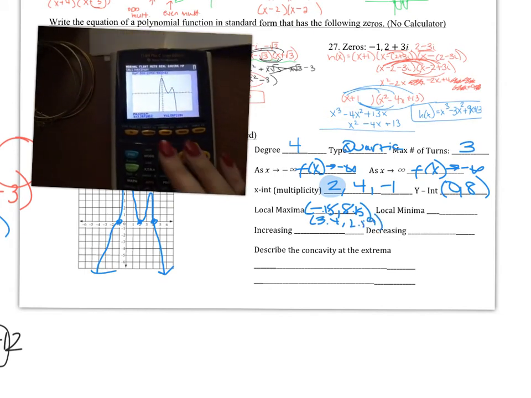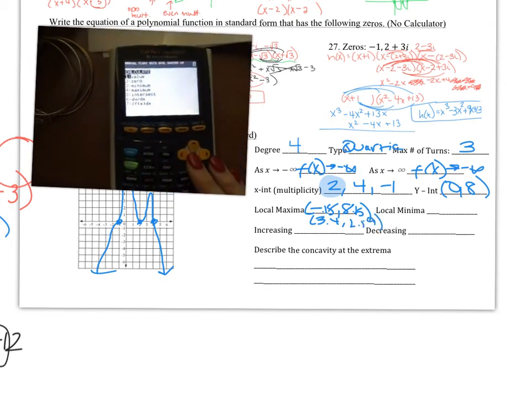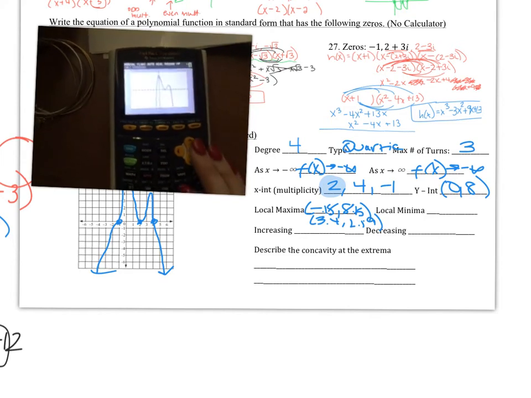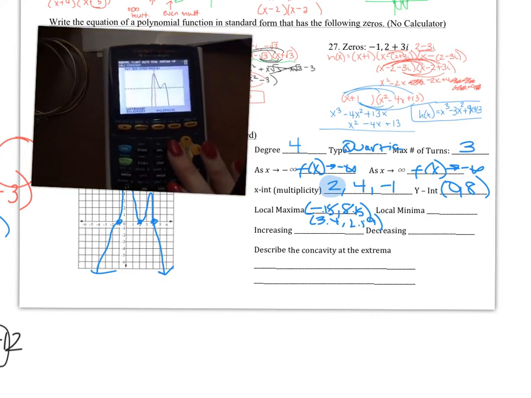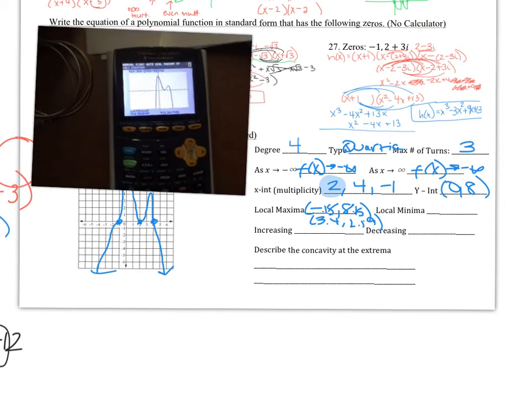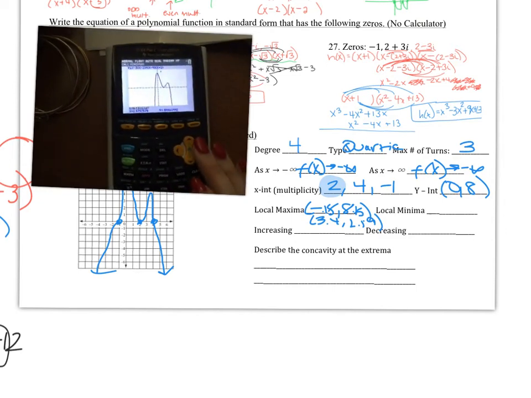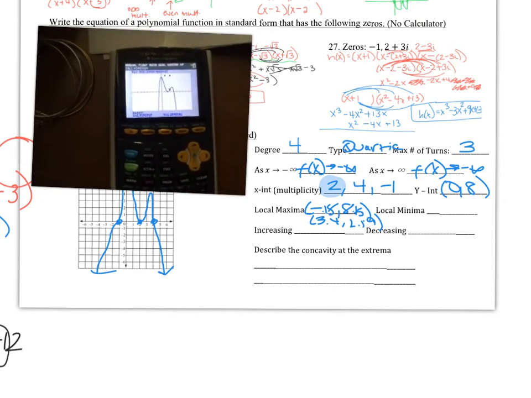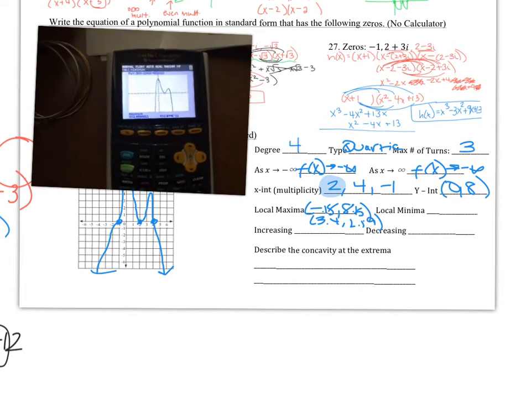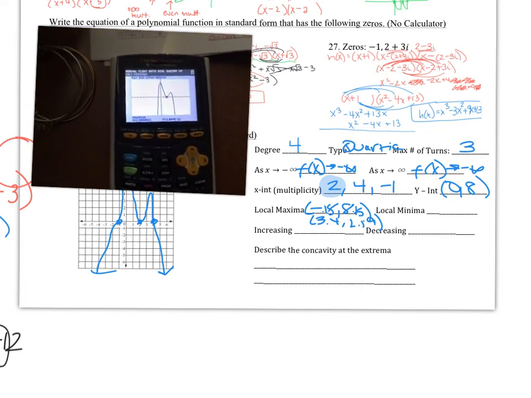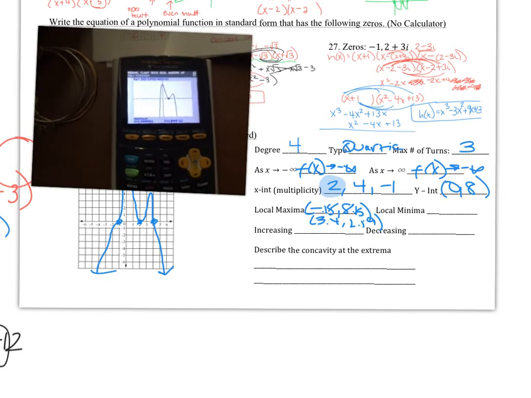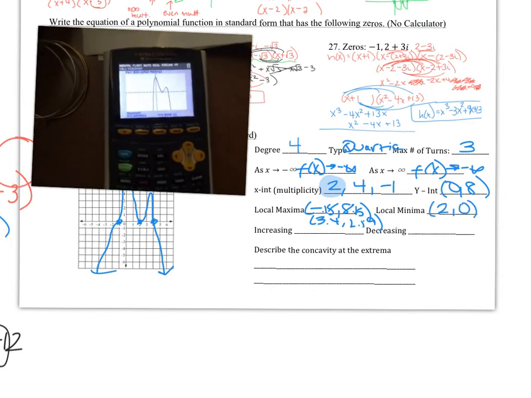So now I'm going to go ahead and do the minimum. So go to the left, hit enter, go to the right, hit enter. My minimum is 2, and then remember when I have that e to the negative, that just makes 0. So my minimum is 2, 0.